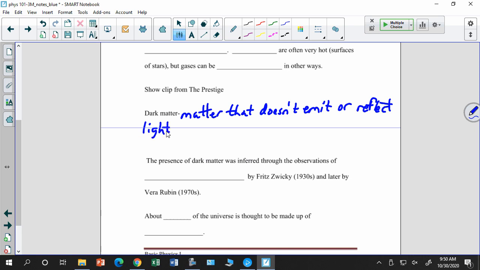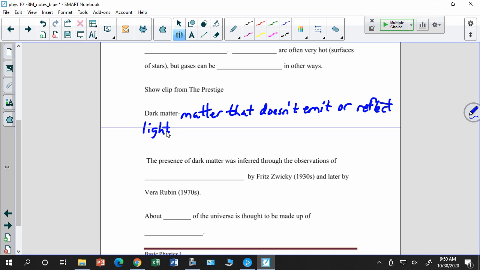This was proposed back in the 30s and then again in the 70s. It's a thing. It actually exists. Astronomers have given it the name dark matter just because it appears dark to us, that you can't see it. When you look out in space, there are things that you can see, stars mainly, but there are some things that you can't see, and that's called dark matter.